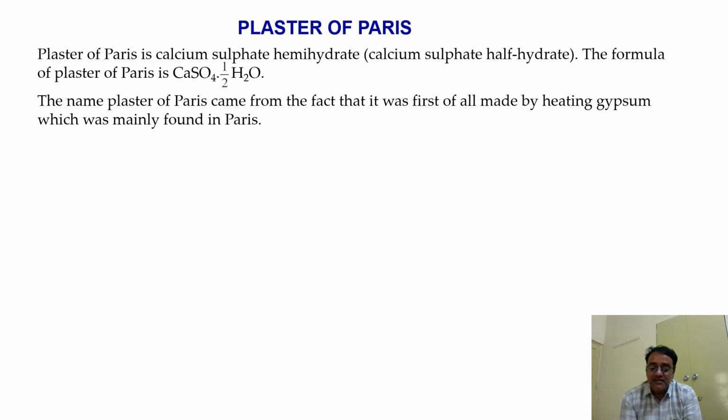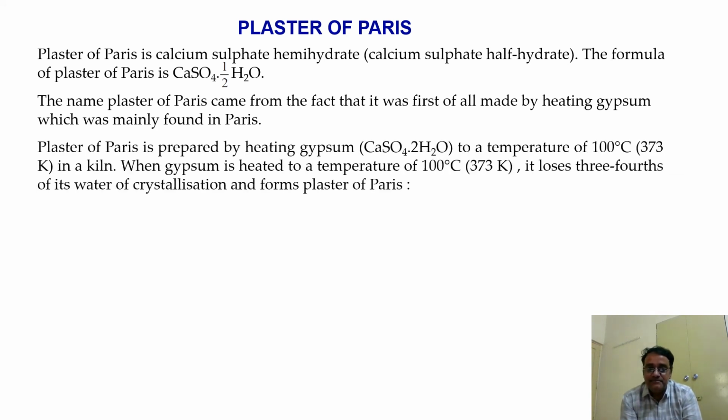Initially plaster of Paris was used in a massive way in the construction industry, but now it has many other uses which we'll learn later in higher classes, right? It is also commonly known as POP. Plaster of Paris is prepared by heating gypsum.